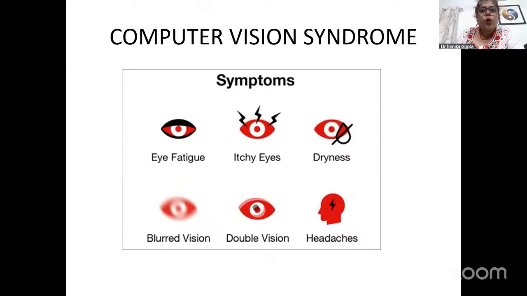So what are the common symptoms of this? I'll just try to write this one. The computer vision syndrome, also called digital eye syndrome, is associated with eye fatigue, itchiness of eyes, dryness, blurred vision, double vision, and headaches.